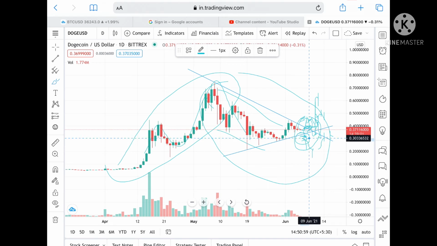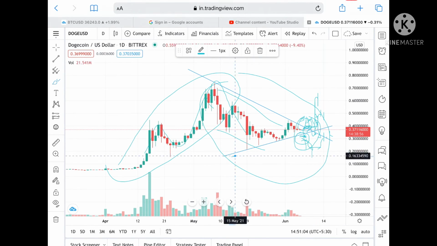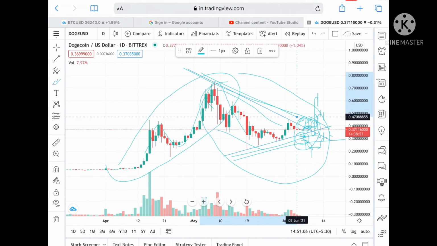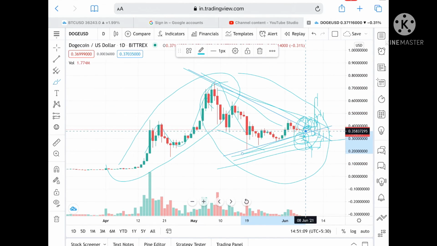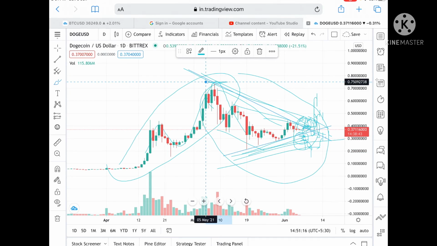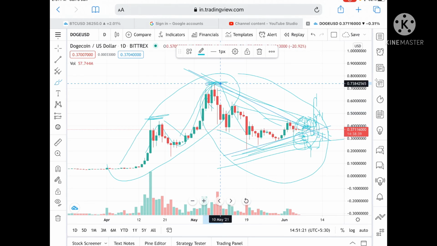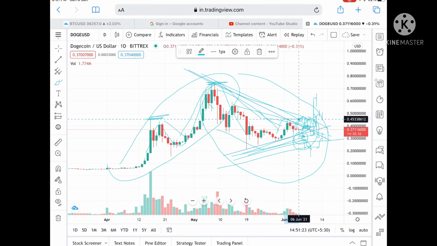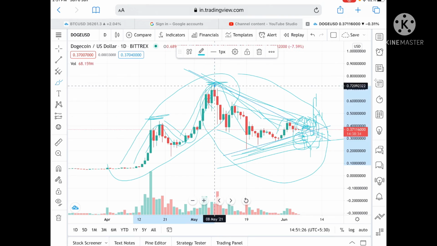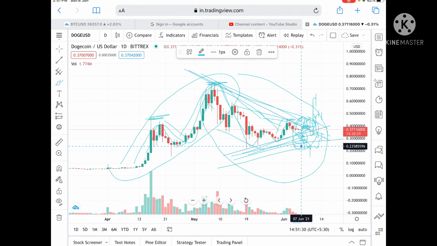So this is the trend which is forming. If we look at a bigger picture, this is the small trend. Understand one thing: it has already made a new high. Once it made a new high, it came down, then again it made a new high and came down, and now it is forming a pattern which shows there is a probability that it can fall again if this trend line breaks downside.